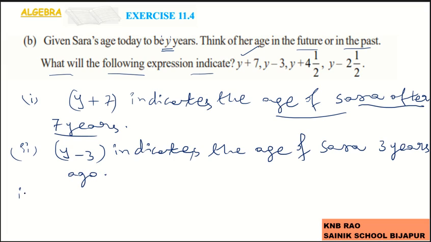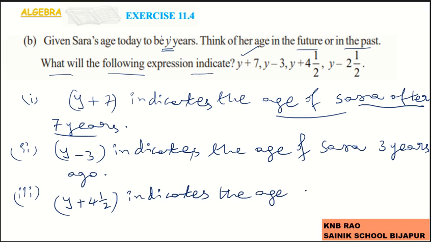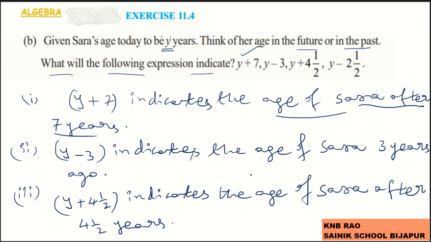So similarly, I can say third one, y plus 4.5 indicates the age of Sarah after 4.5 years. We can say like this. So I am giving y minus 2.5 as a homework for you. So you do it on your own.